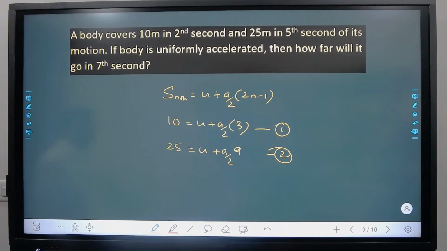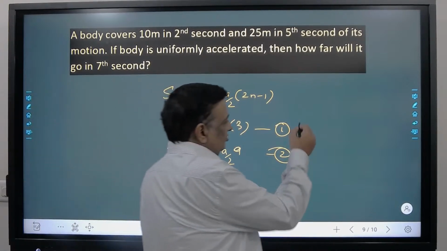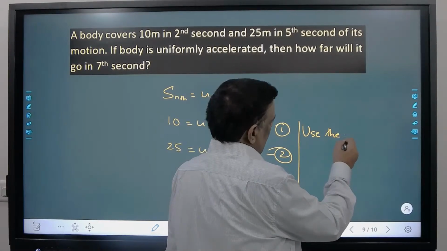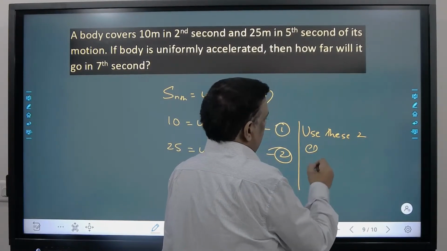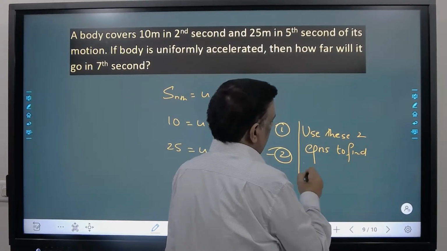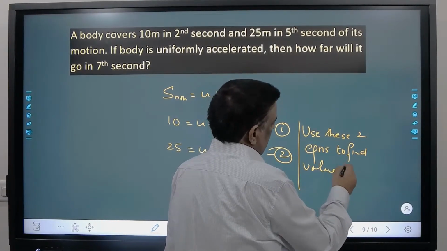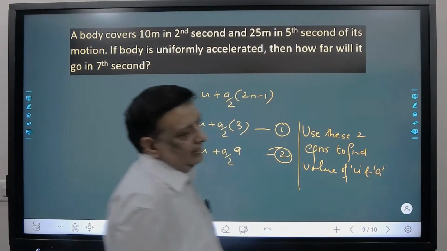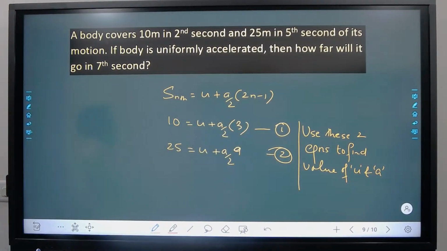Once you know u and a, you can calculate how far it will go in 7 seconds. So use these two equations to find u and a, and then you can apply any formula.